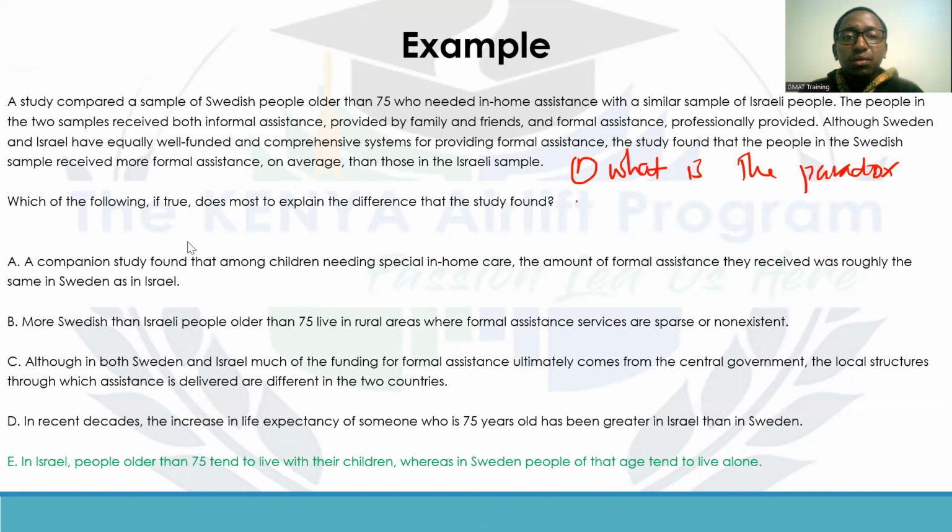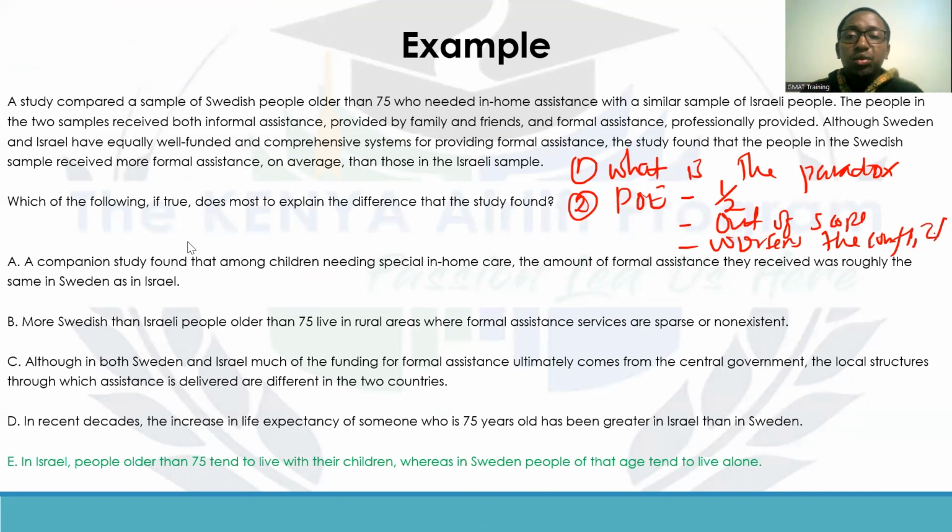Then go through your options and eliminate whichever answer choice either handles only half of the problem, is out of scope, or worsens the conflict. So doing this, you'll be able to easily solve most of these paradox questions or explain questions.